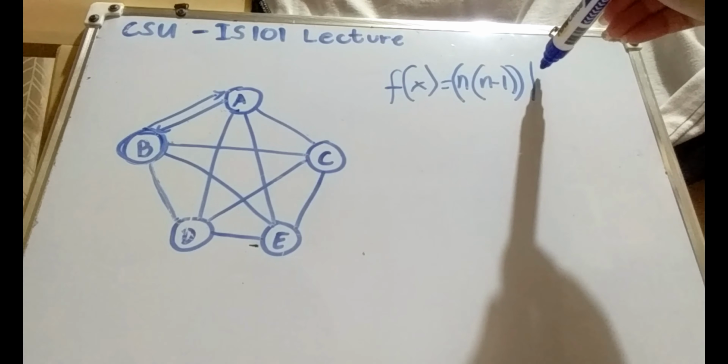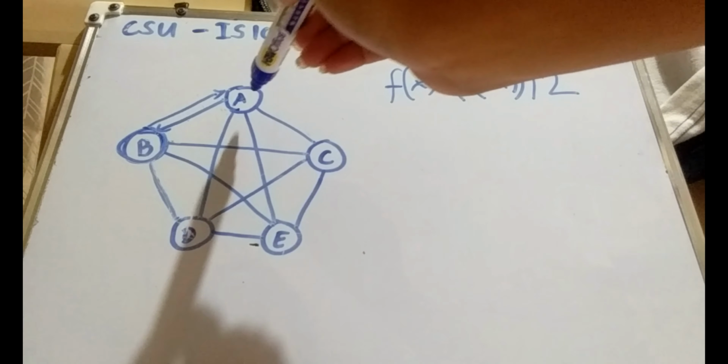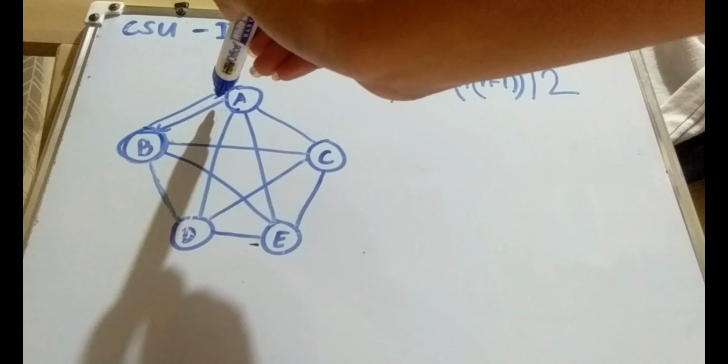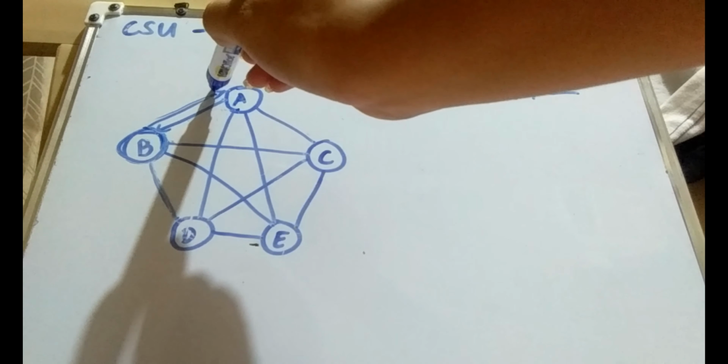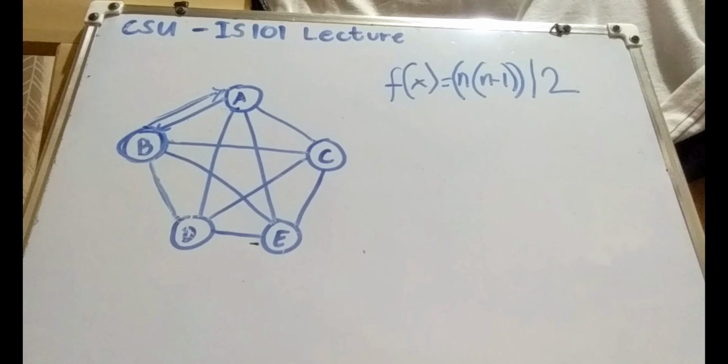Then we divide it by 2 to eliminate the copies of connections, such as user A connects to user B and user B connects to user A. Only one of the two connections should be considered unique.